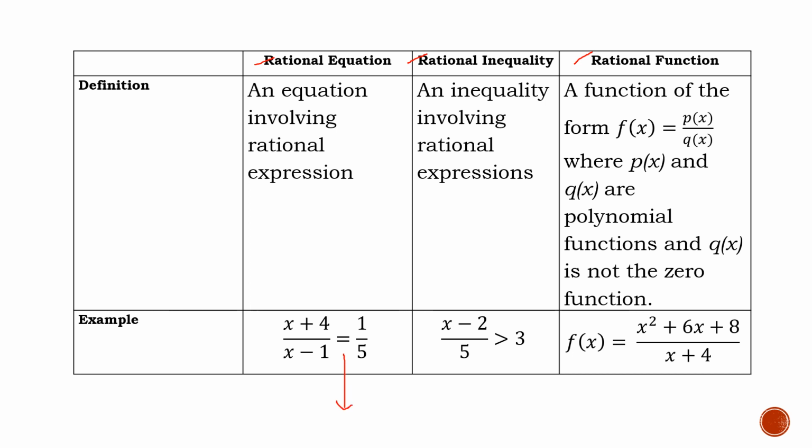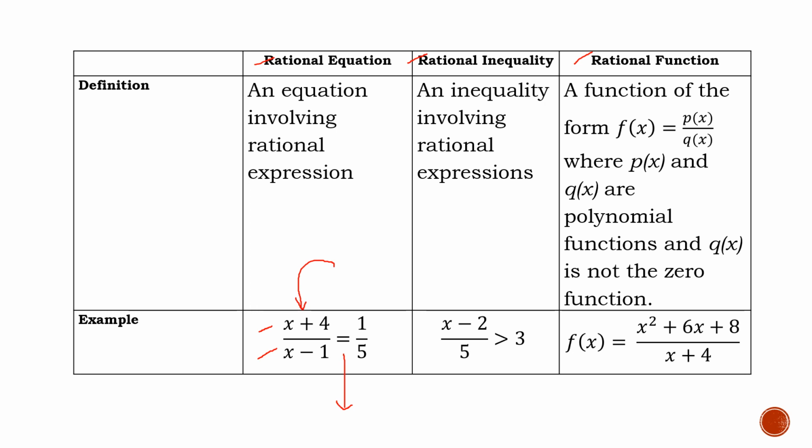You need to look for this symbol, which is your equal sign, and the involvement of your rational expression here, which is x plus 4 and x minus 1. As long as there is a rational expression on it, and the symbol between your left side and right side of this equation is an equal sign, then the given is a rational equation.